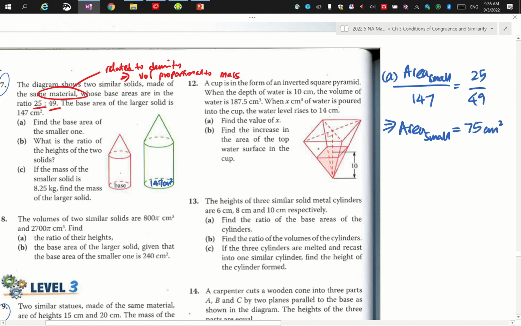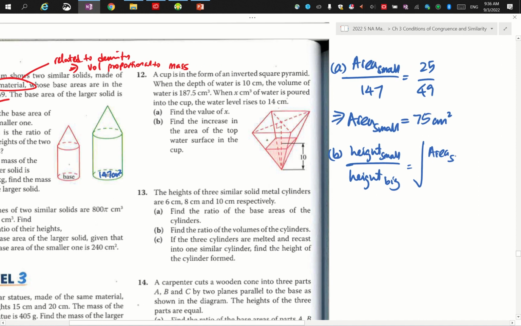Giveaway question. Giveaway mark. Part B. What is the ratio of the heights of the two solids? Okay. Height small over height big will be the square root of area small over area big.